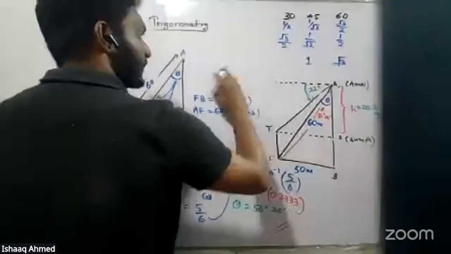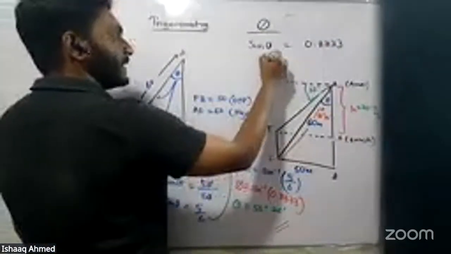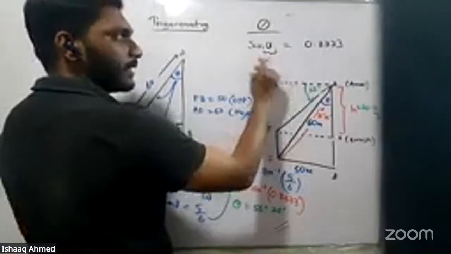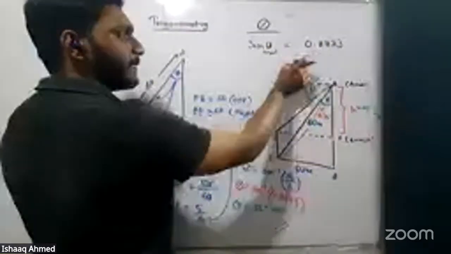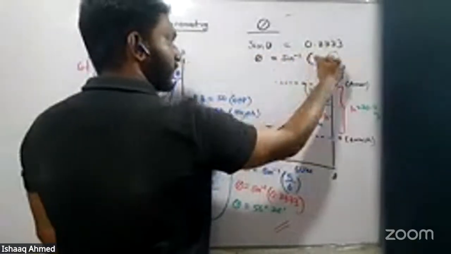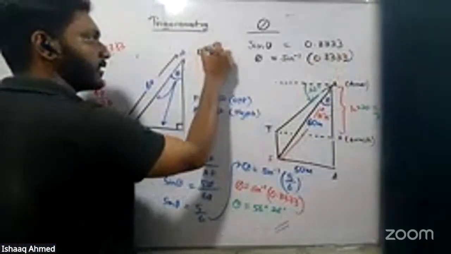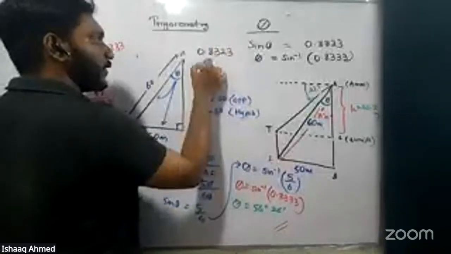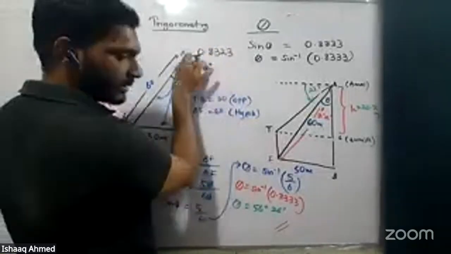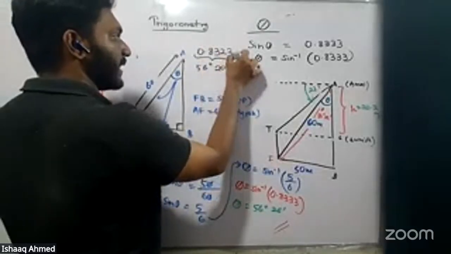We need to find theta. Theta was 0.8333. Then theta is some angle whose sine is 0.8333. To find that, you have to find sine inverse of 0.8333. Then you take the trig table and find that 0.8323 was 56 degrees 20 minutes.